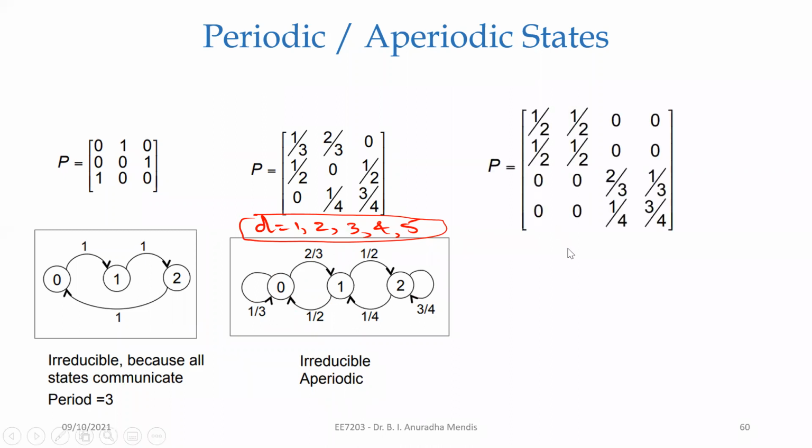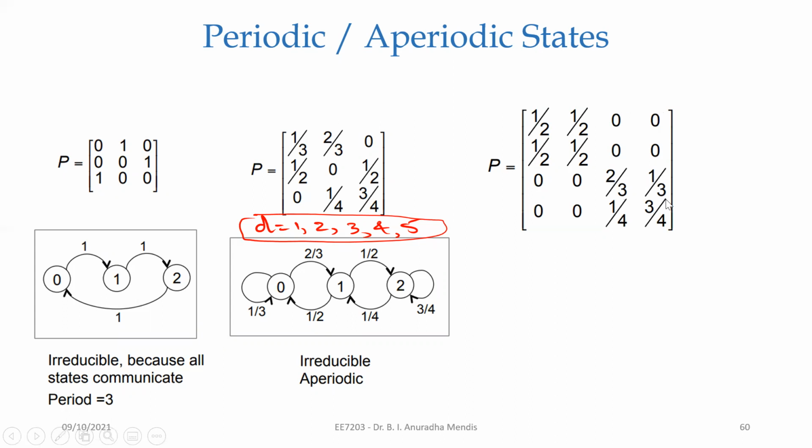If you look at the transition matrix, you can see clearly what this is. You can see very clearly there are 2 classes here. The first 2 states never go to the third and fourth one.